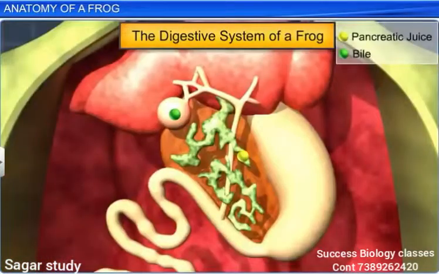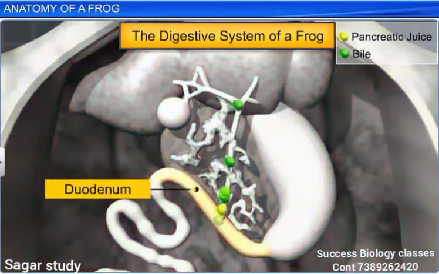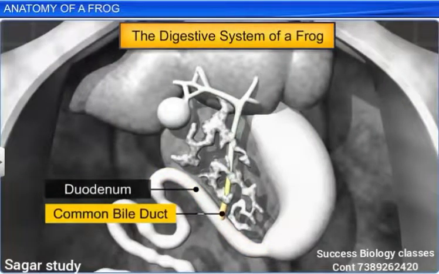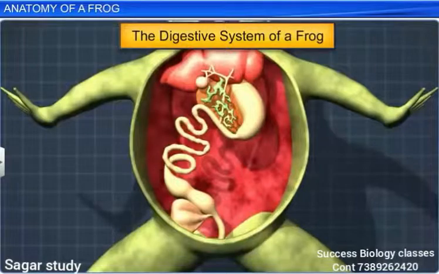This partially digested food, called chyme, then passes into the duodenum, which receives pancreatic juices and bile through a common bile duct. The pancreatic juices digest carbohydrates and proteins, while the bile emulsifies fat present in the food.